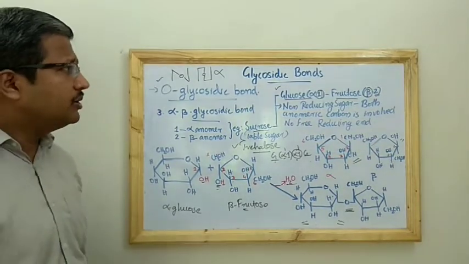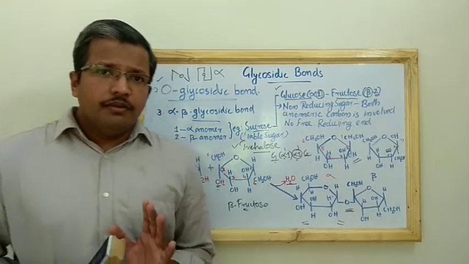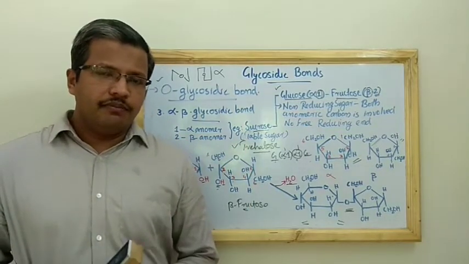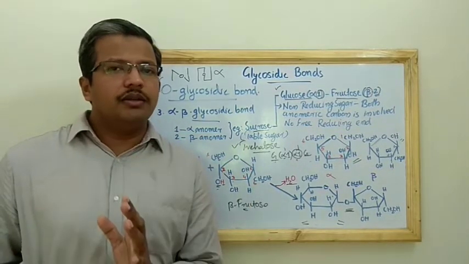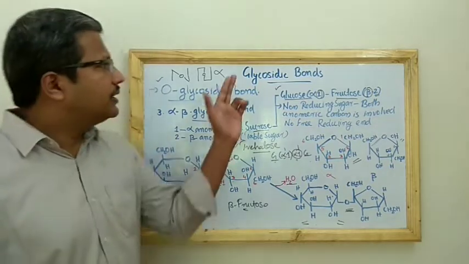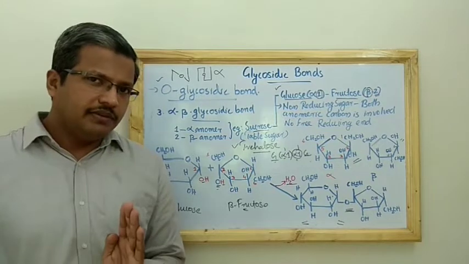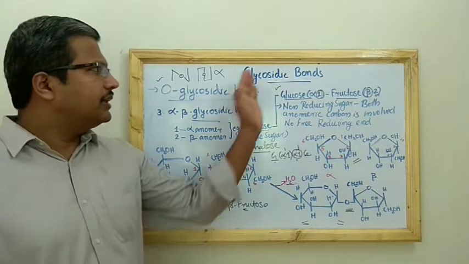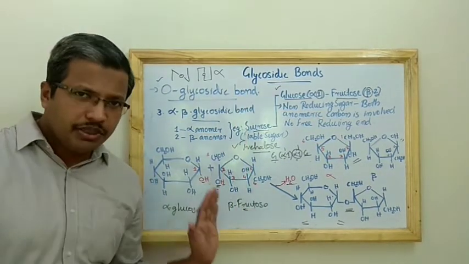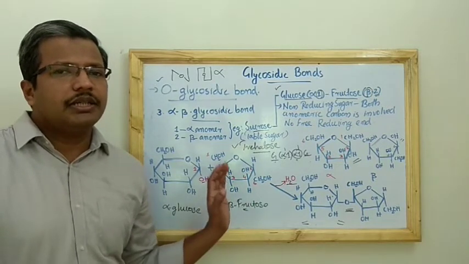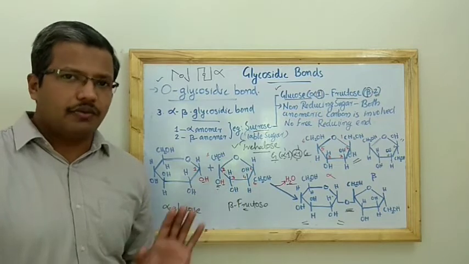Okay, one more thing you have to keep in mind. There is no special topic of disaccharide in your syllabus. Actually, it is not there only because you are learning the glycosidic bond in detail. So whatever disaccharides appear in the glycosidic bond, you should be thorough, and you may get a 4-mark question to explain about different disaccharides.